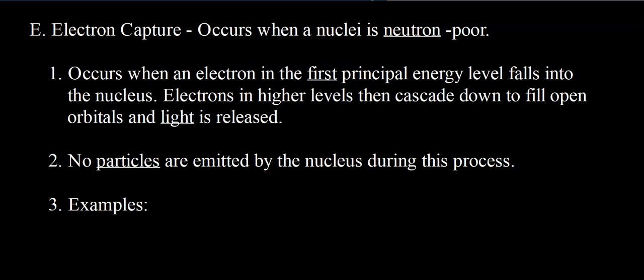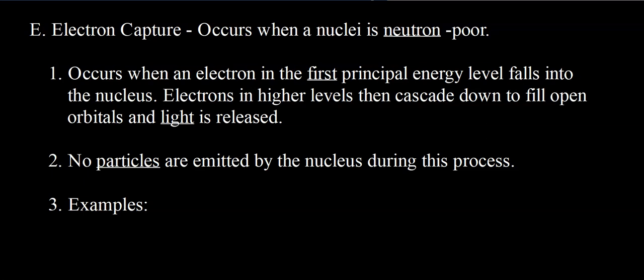So what happens during electron capture? It's exactly as you think. The nucleus captures an electron. So it says occurs when an electron in the first principal energy level, so we're talking about the electrons closest to the nucleus, not a valence electron, that's way too far to get sucked into the nucleus. First principal energy level falls into the nucleus.